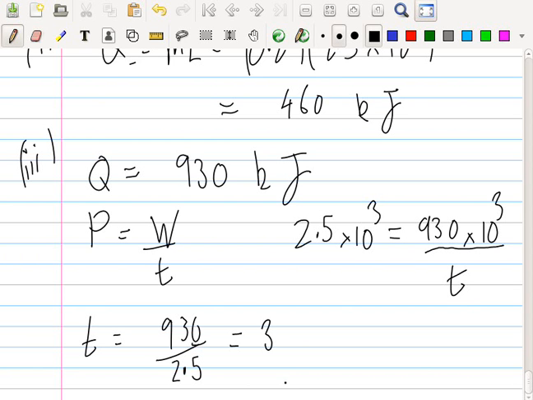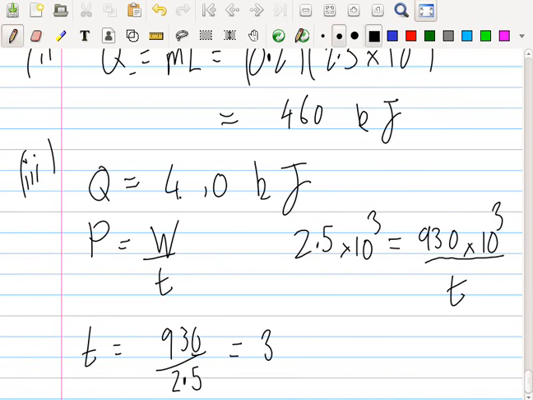This question says, assuming no heat energy is lost, calculate how long it takes to heat the water to 100 degrees. Oh, he doesn't want the boiling part. No, he doesn't. So that means it's less energy here. It's only 470.